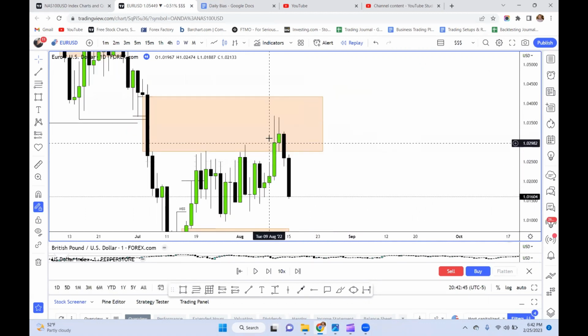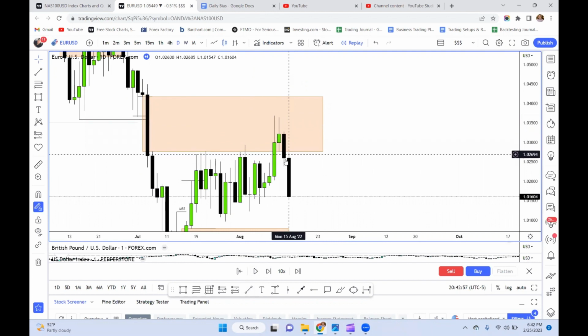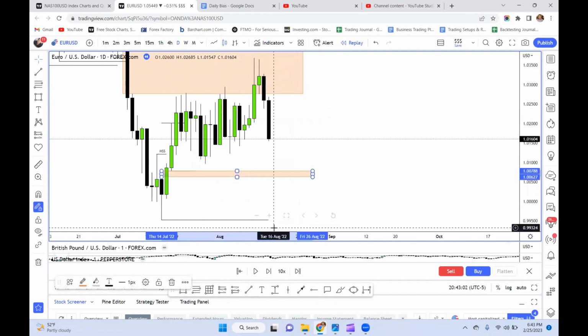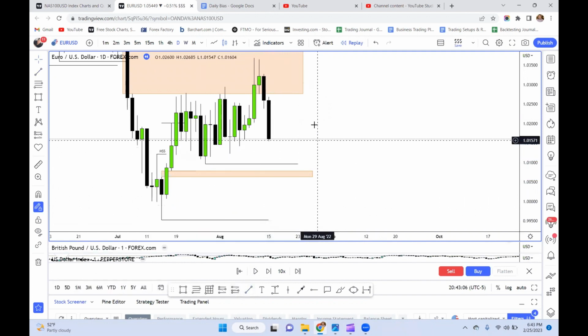So once price ran into this liquidity here, ran out this liquidity here, price created this swing high right here. This fourth day created that wick, boom, created that. We could be bearish now, and we could see price target here, or target this swing right here.